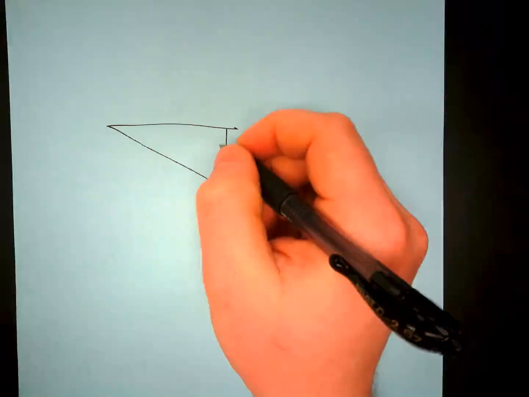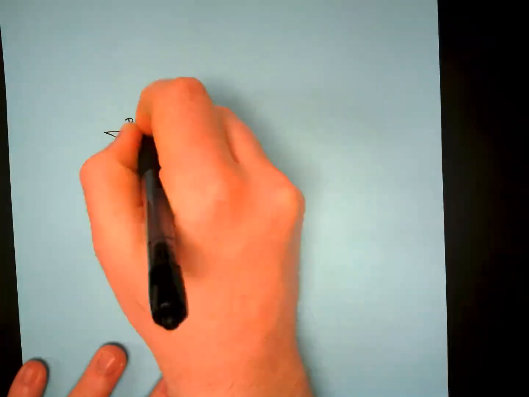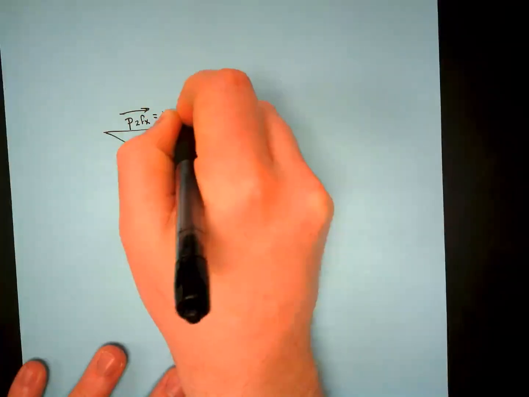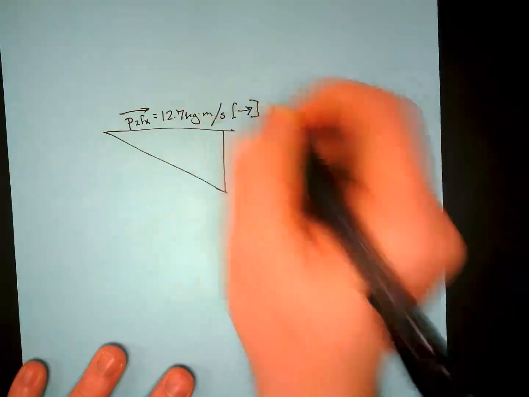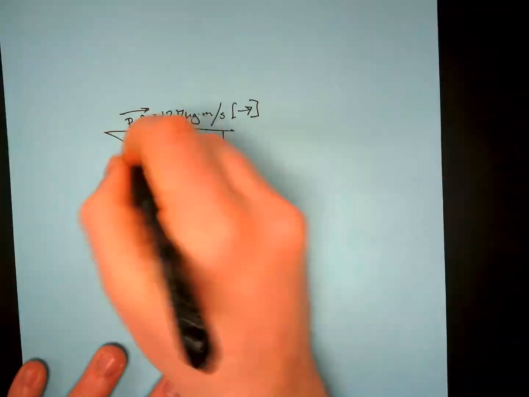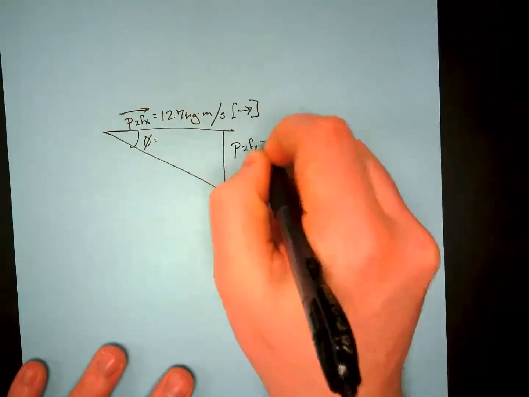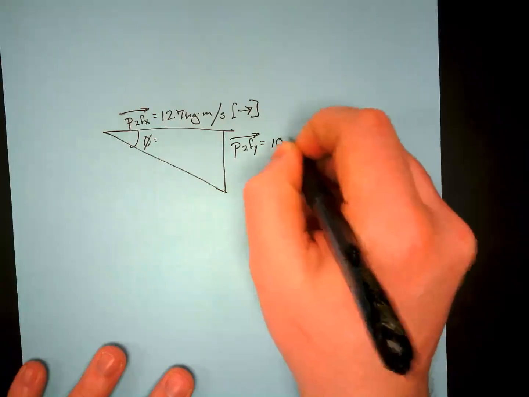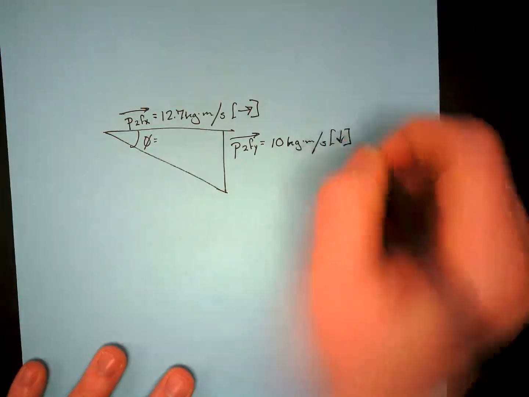We've now found this guy, the P2Fx, and this is the 12.7 kilograms by meters per second this way. And we also have this guy. We have the P2Fy is equal to 10 kilograms by meters per second down.